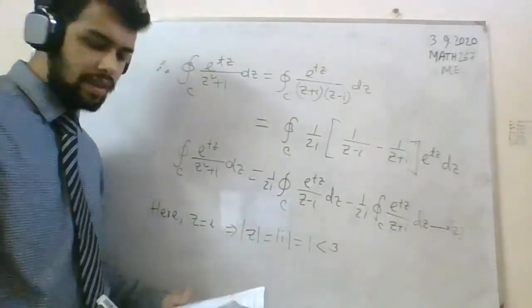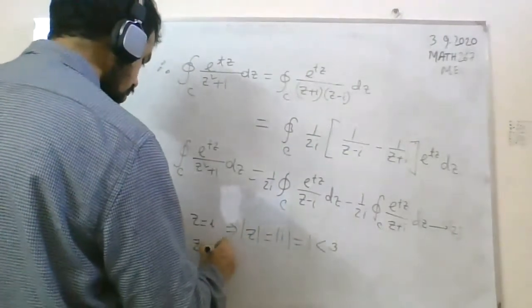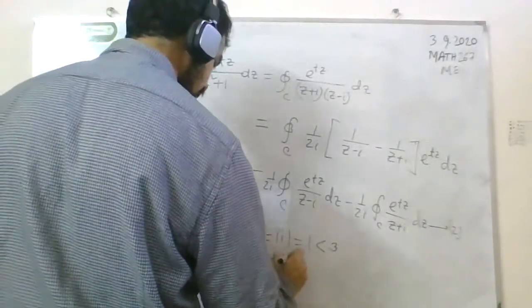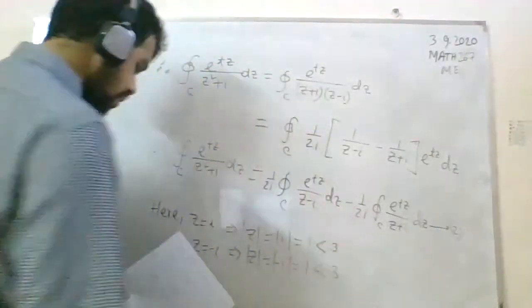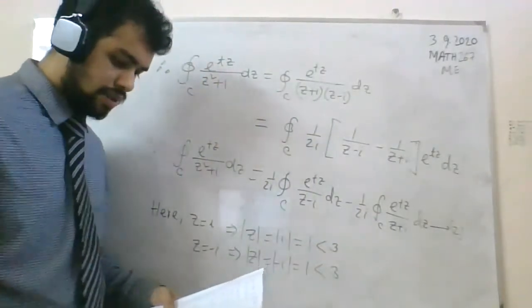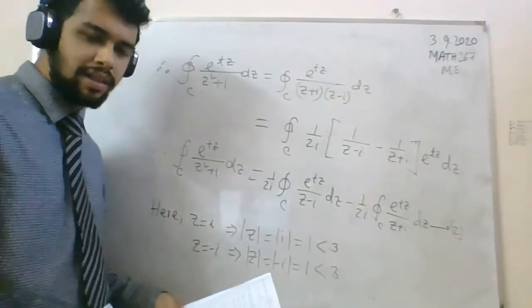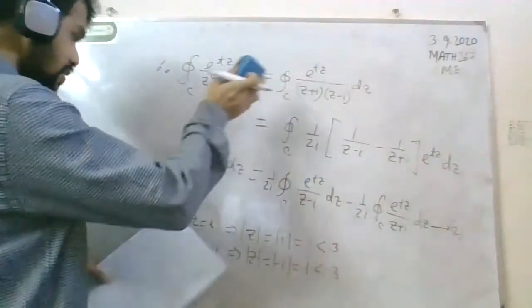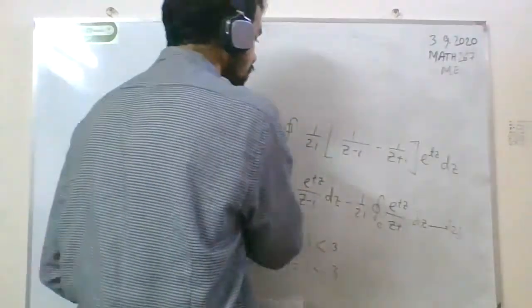So this is less than 3. And also, you can say z equals minus i, modulus equals 1. This is also 1 and also less than 3. So you can say that z equals i and minus i lie inside the circle modulus of z equals 3. And then you can apply Cauchy integral formula.